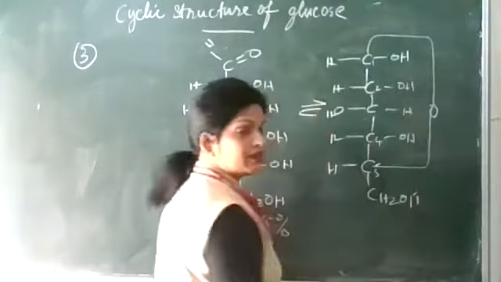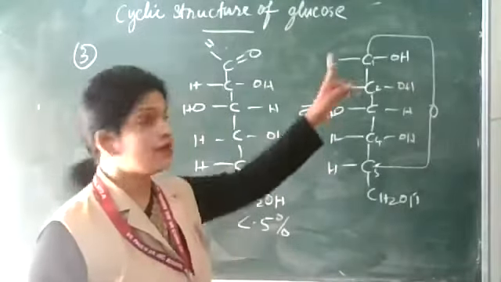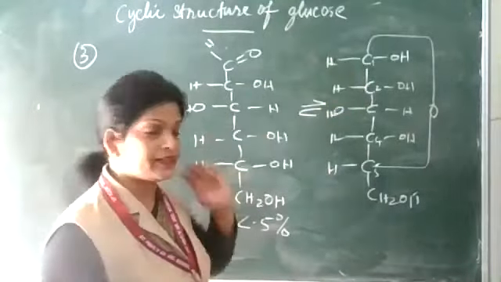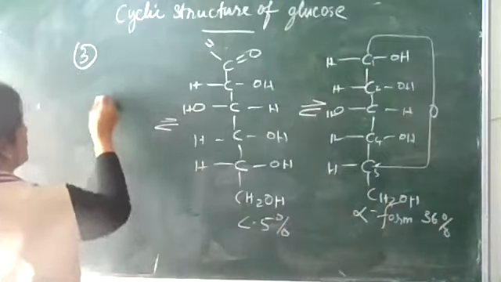See here on C1, this is an anomer. On C1, OH is on the right hand side. So this is alpha. This is a cyclic structure, the Haworth structure. Alpha form, this is 36%.